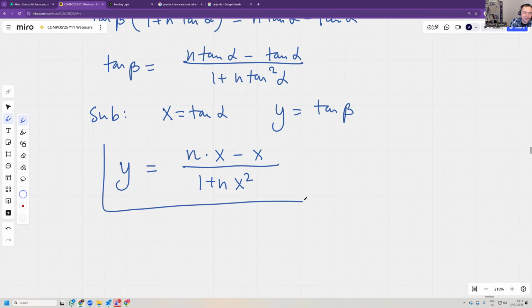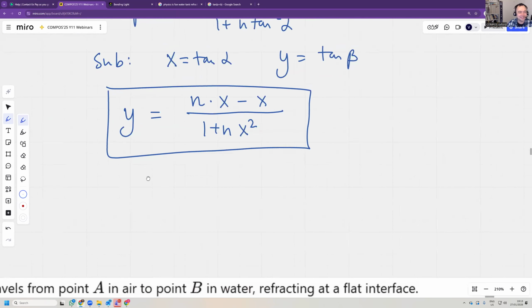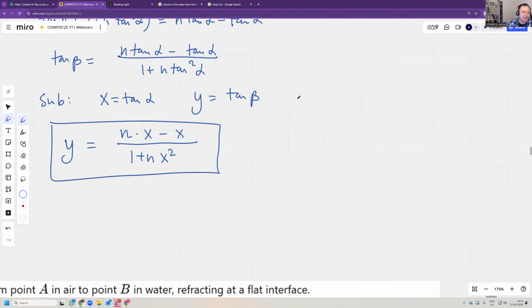I really hope I haven't made a mistake anyway. And because I need to maximize, I'm going to differentiate. You know, why not? Y dash is equal to, to differentiate the top, it's going to be n minus 1 multiplied by 2xn minus, oh, what am I doing? Made a mistake.